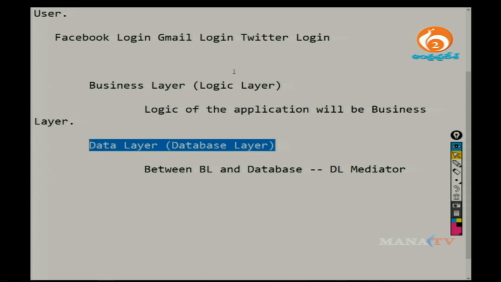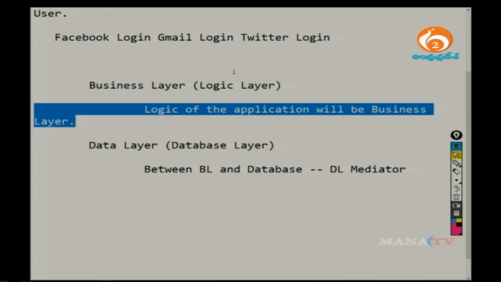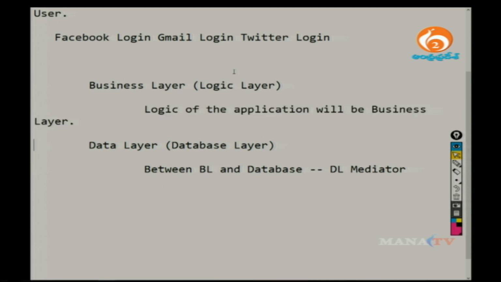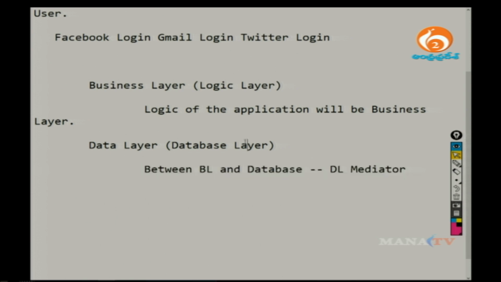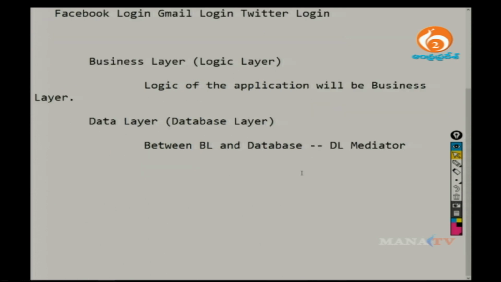This data layer is responsible for submitting what the business layer produces to the database, and the data coming from the database is given back to your business layer, that is, your application. If you see carefully, your application looks like this. For example, this is your logic layer, and this is your database.